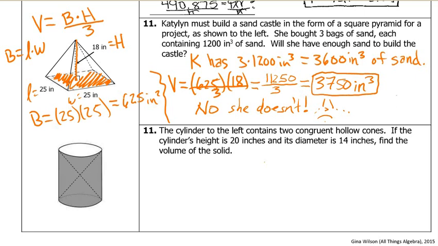Now the next one, it's a little confusing, the wording, but we just gotta break it down some. Let's read it. The cylinder to the left contains two congruent hollow cones. So let me kind of shade this in.